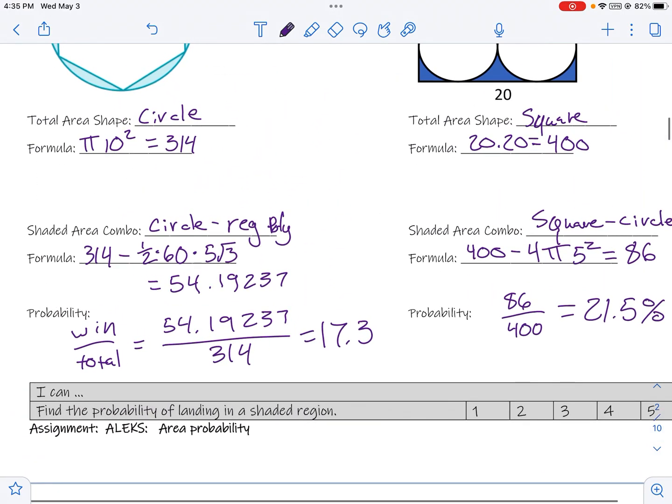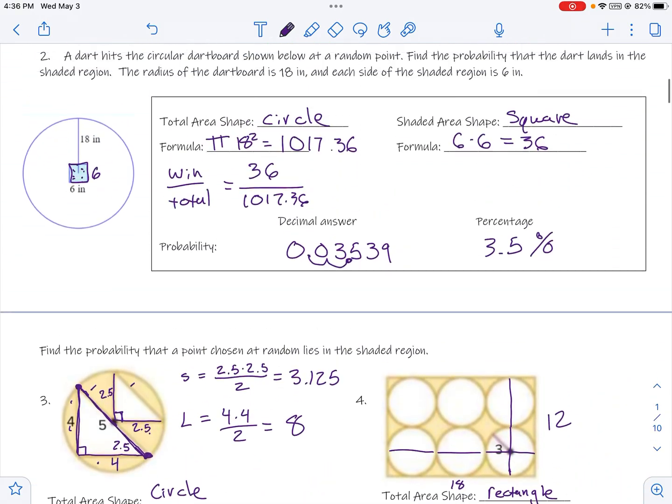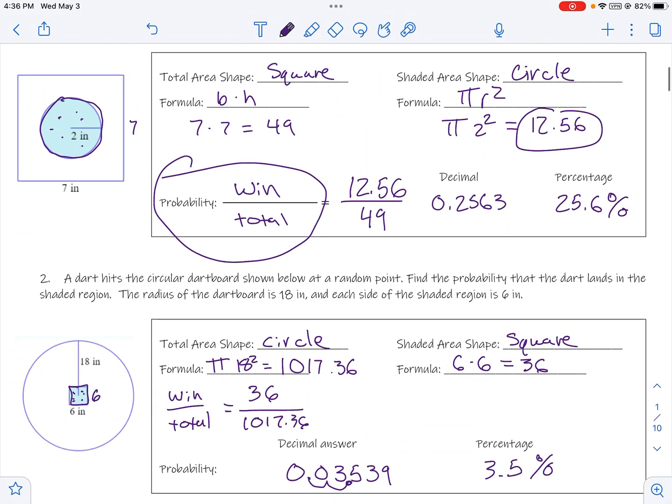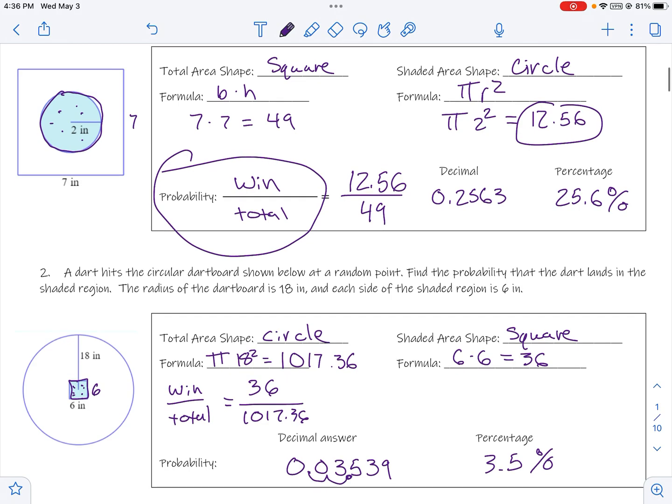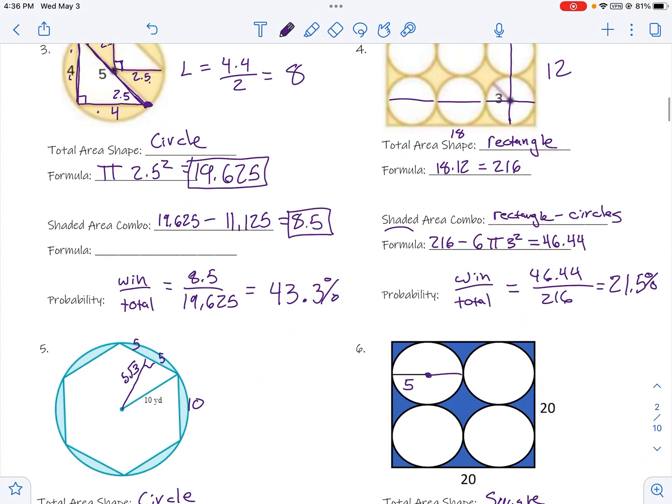Okay, you have one ALEKS topic, and I gotta preface this before you guys get into your ALEKS topic. Your ALEKS topic is area probability. ALEKS topics will look like these. These are not a good representation of what is on the test. These questions, we didn't have to do any of this extra work here where we had to subtract on those problems.